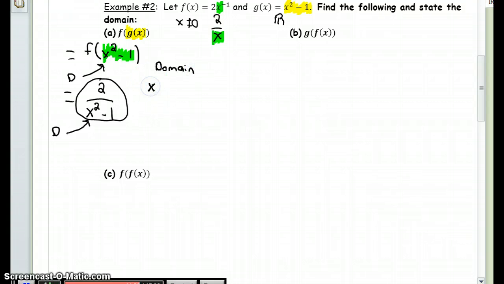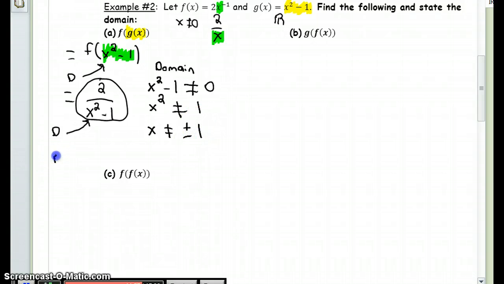I know that x squared minus 1 is not allowed to be 0. Solve this just like any other equation. Add 1 to both sides, and I'm going to get 1. Then I can plus or minus square root both sides. Don't forget when you square root to plus or minus. So x is not equal to plus or minus 1.